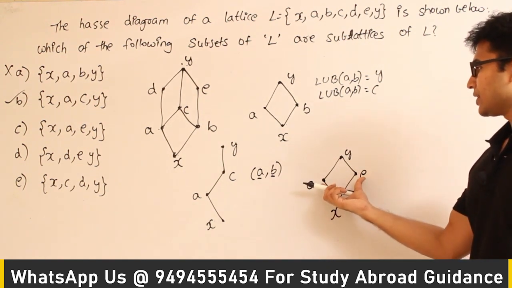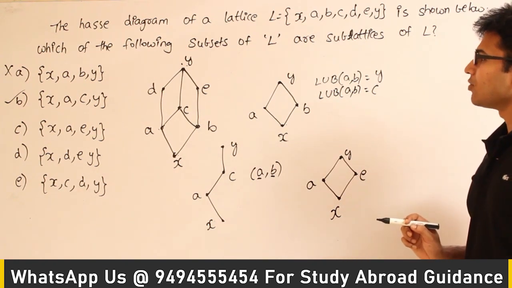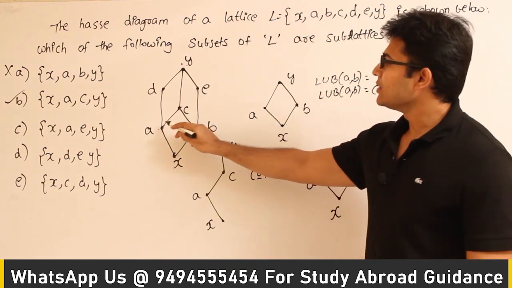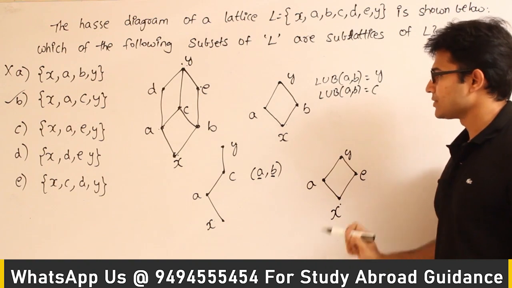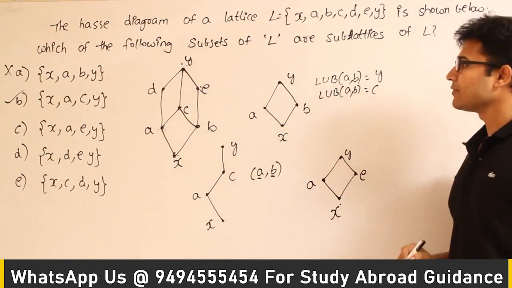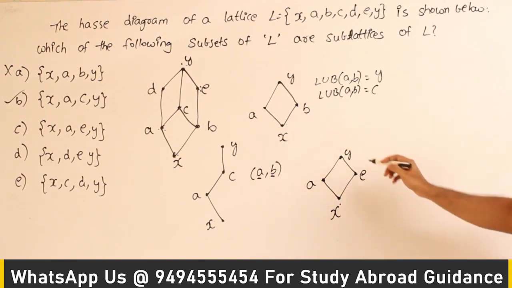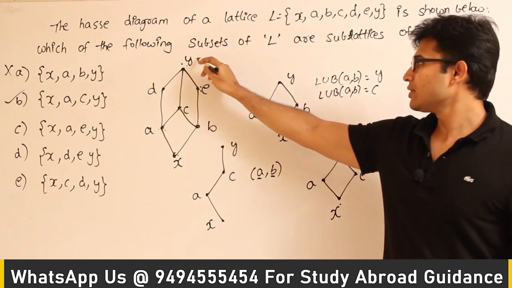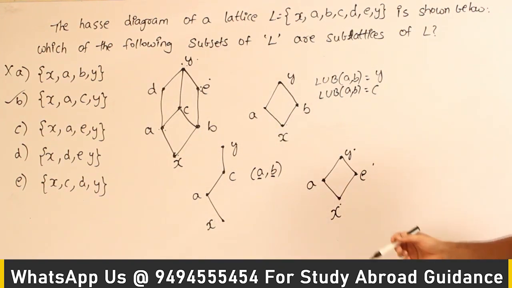So see this, for A and E, if you check A and E, what about the greatest lower bound? So for A and E, here the greatest lower bound is X, here also X. For A and E, the least upper bound here is Y, here also Y. Therefore for A and E it is satisfied. And similarly you can check for E and Y. So E and Y are directly related here and directly related here, therefore they will obviously be satisfied.